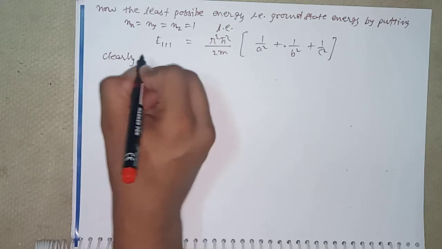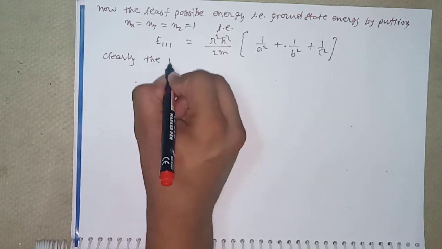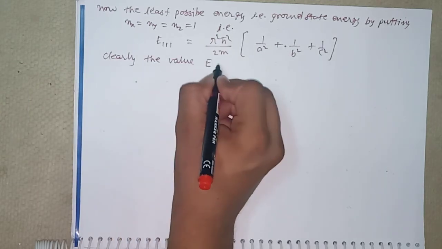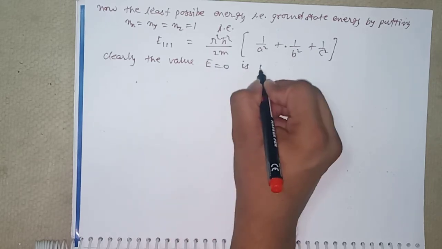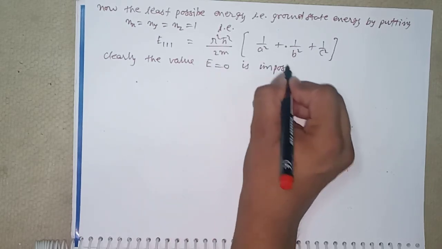Clearly the value E is equal to 0 is impossible.